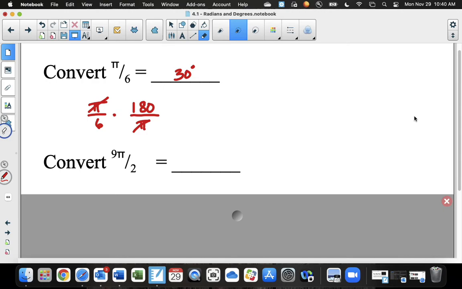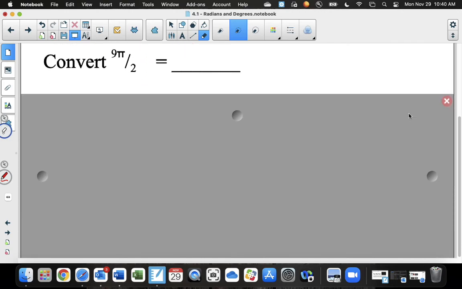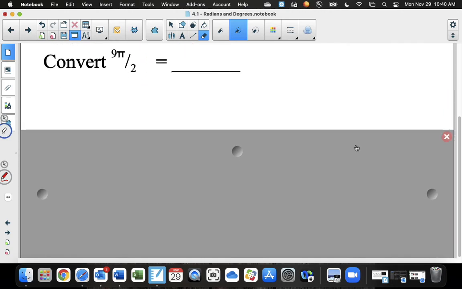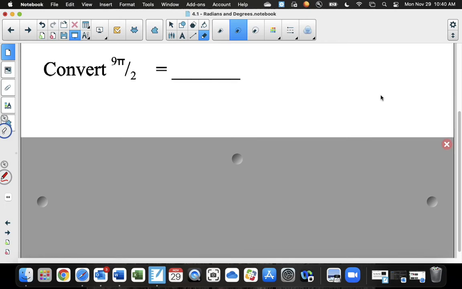Try this one. Do this one on your own. 9 pi over 2. Convert 9 pi over 2 to degrees.